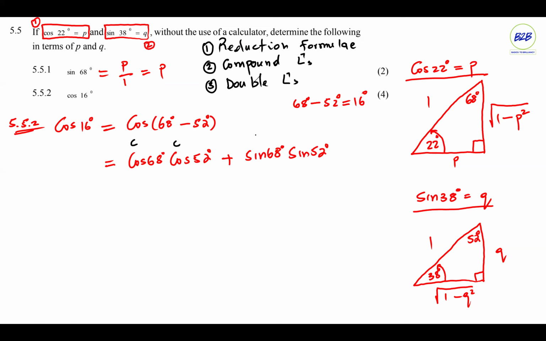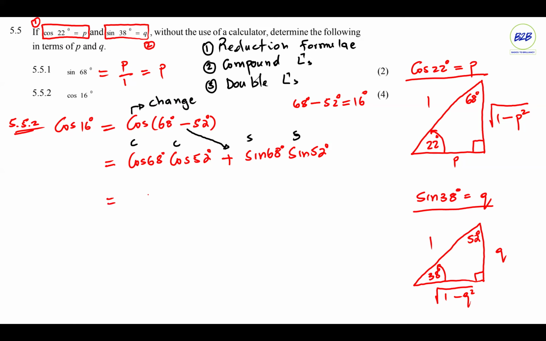And what happens to the sign now? Remember that capital letter C in cos, we can assume it to stand for change. What are we changing? The sign that was negative must become positive. That is what we are changing.